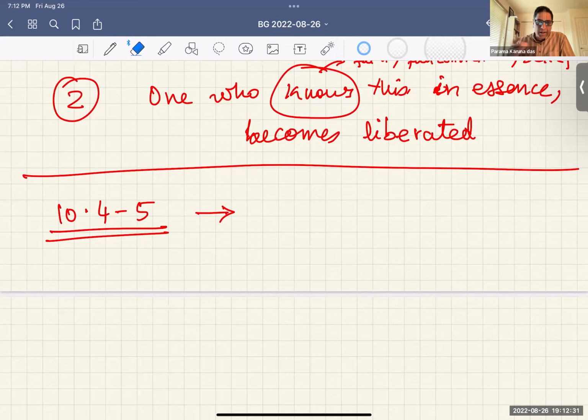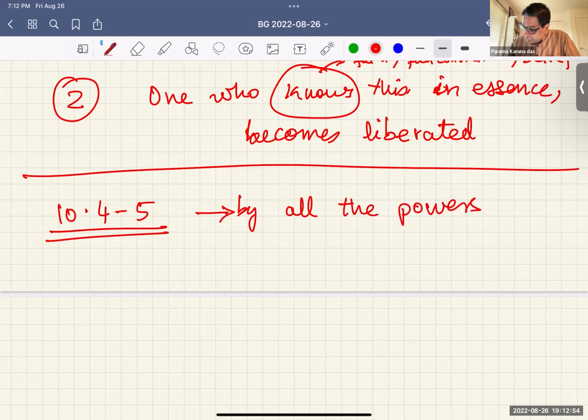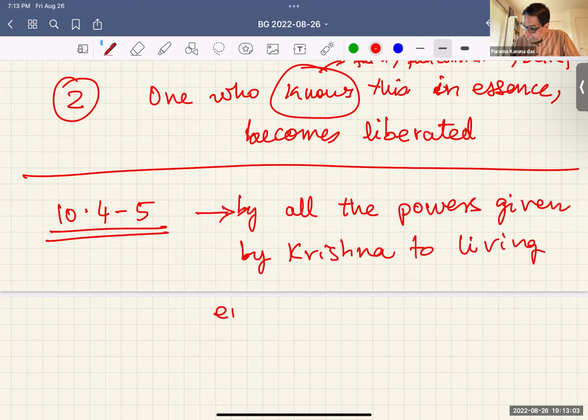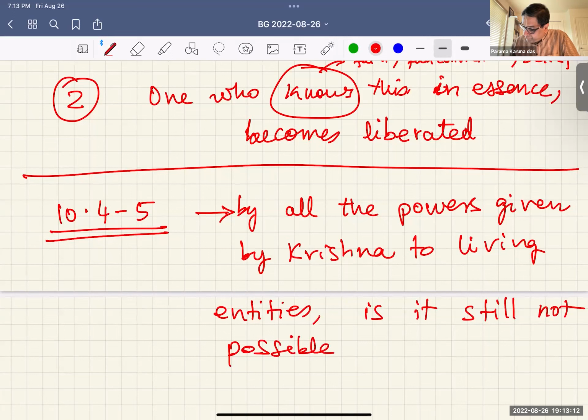By a very long and elaborate study, can I not know you? Or by very strong tapa, by very strong practice of austerities, and by all the powers given by Krishna to living entities, is it still not possible to know Krishna?